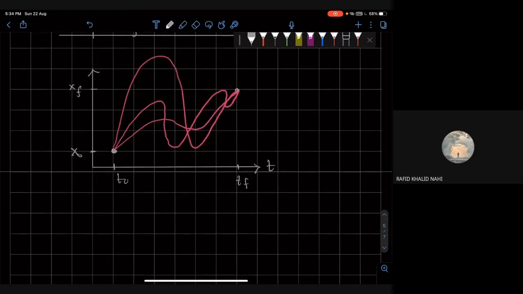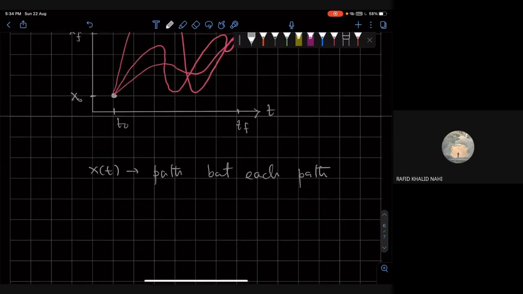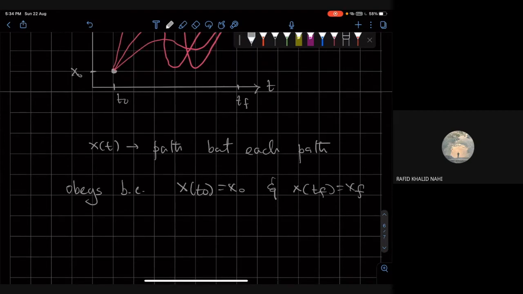So each of these paths, x of t, is a path, but each path obeys the boundary conditions that x at t0 is x0 and x at tf is xf. Okay.